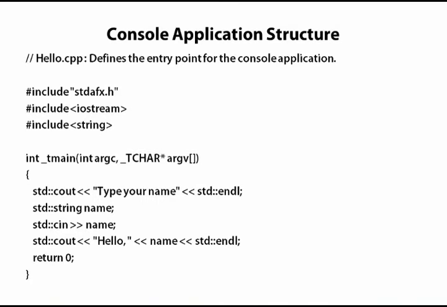We're working with string from the standard library, and we're getting information from console input, again using part of the standard library. If you wanted to take this application and put it on a completely different operating system and use a completely different compiler, you would probably have to change the name from tmain to, say, just main, but it would run properly and work on those compilers and on those operating systems as well. That's the big appeal of C++.